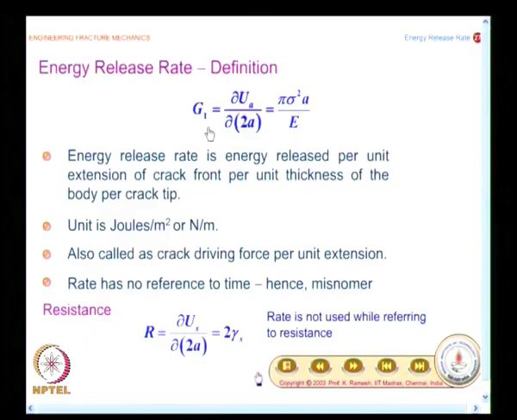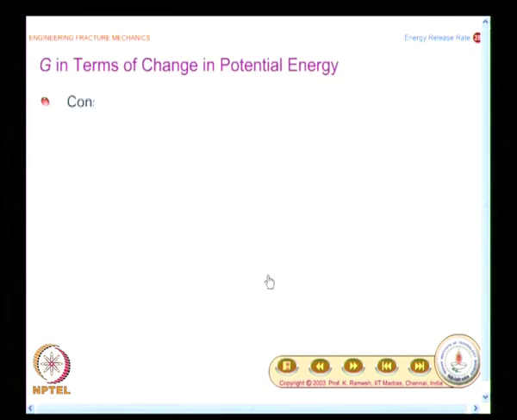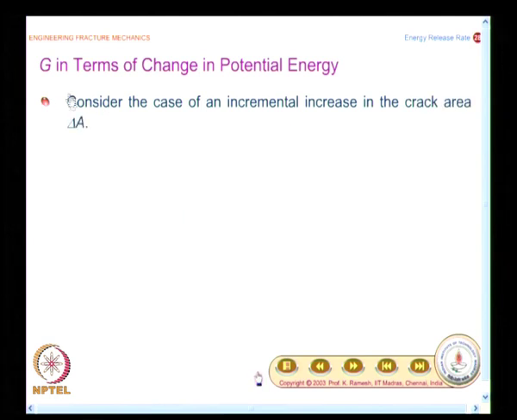We would really look at fracture instability in greater detail and qualify what is a necessary condition, what is a sufficient condition. All along we have only looked at energy balance, that is how this problem was handled. Now, we will try to generalize and list the energy release rate in terms of change in potential energy.